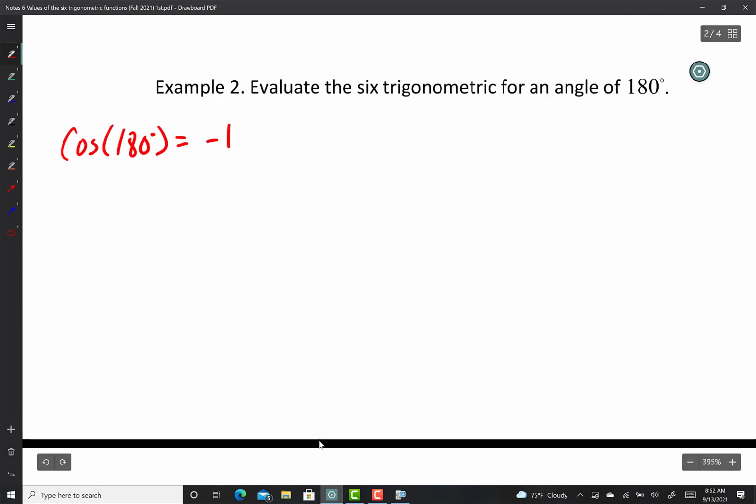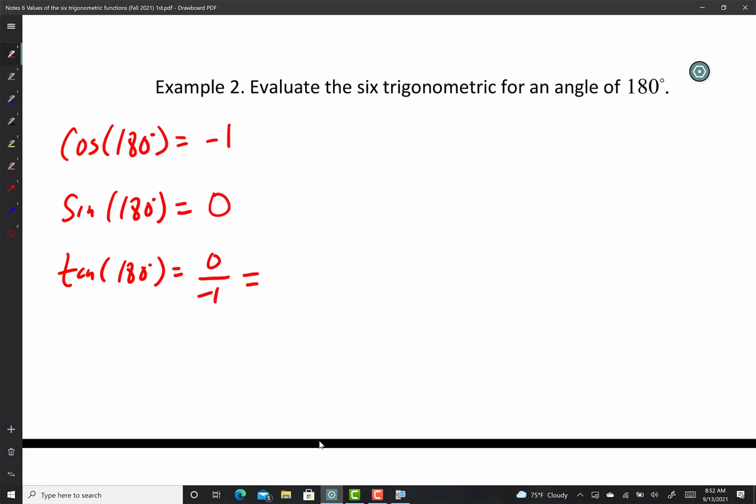I heard someone say it. Sine 180 degrees. What is the y coordinate? 0. Then tan 180 degrees. Tangent is y divided by x. 0 divided by -1 is going to give you a value of 0.